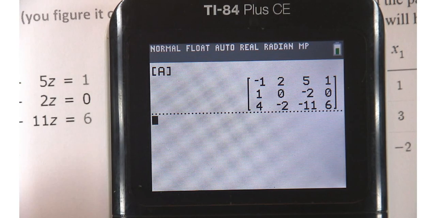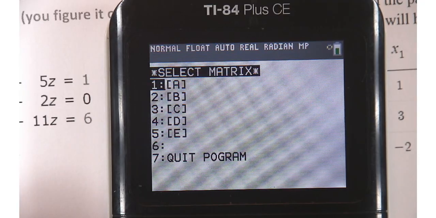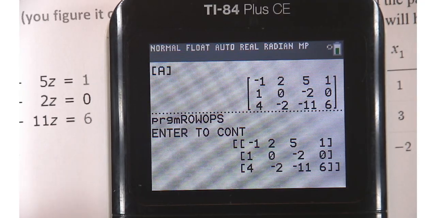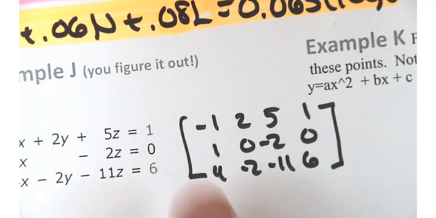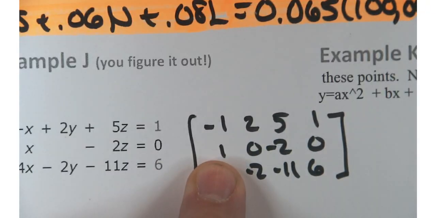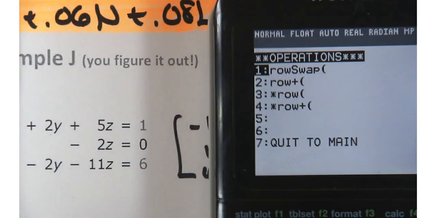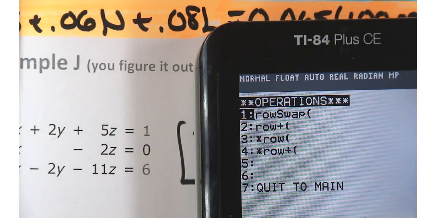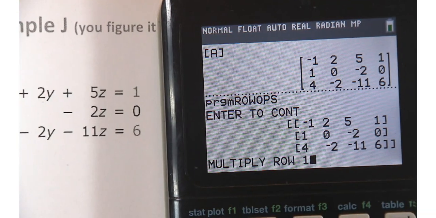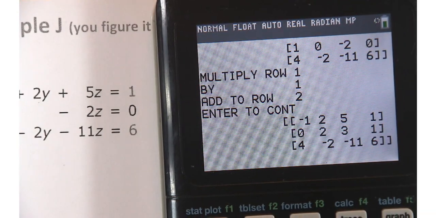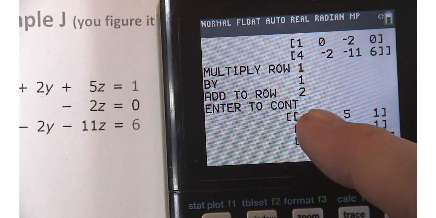Run program row ops. I want to select matrix A. First thing I want to do is get rid of the 1 here. So I can just add row 1 and row 2. I'm just going to always do it this way. Multiply row 1 by 1, add it to row 2. And then I want to do that again to get rid of the 4 here.